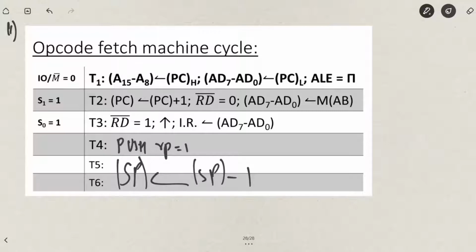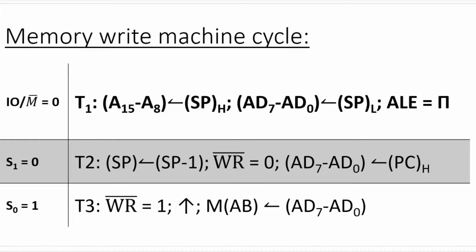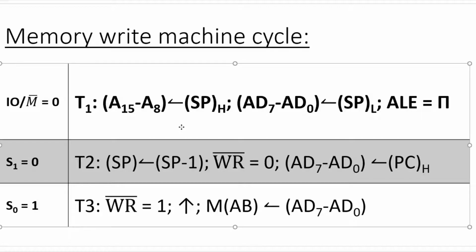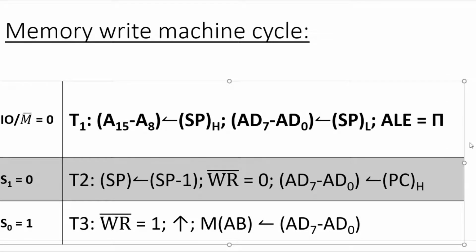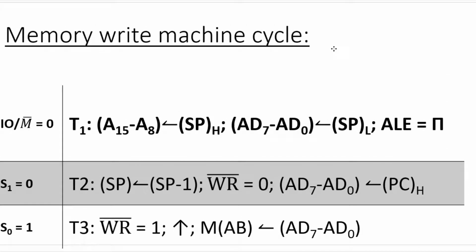We saw this last time also, and as discussed there, now you'll have two memory write machine cycles. So this is your memory write machine cycle number 1.